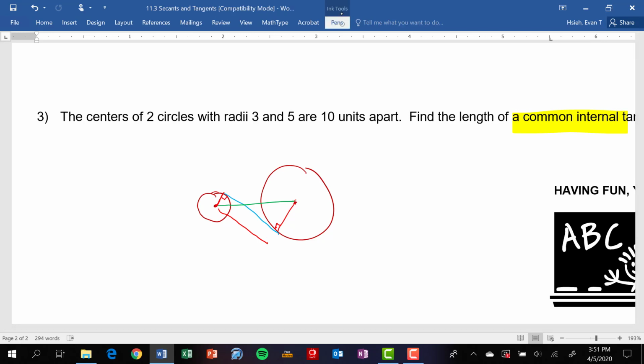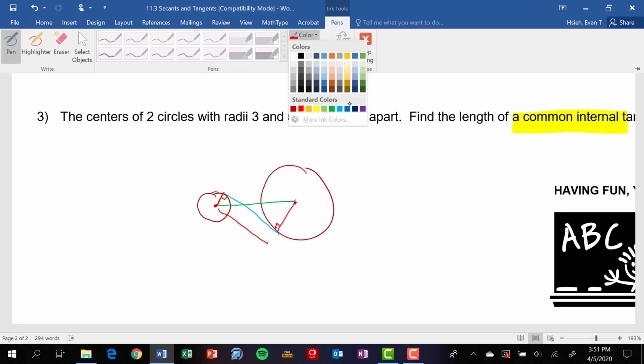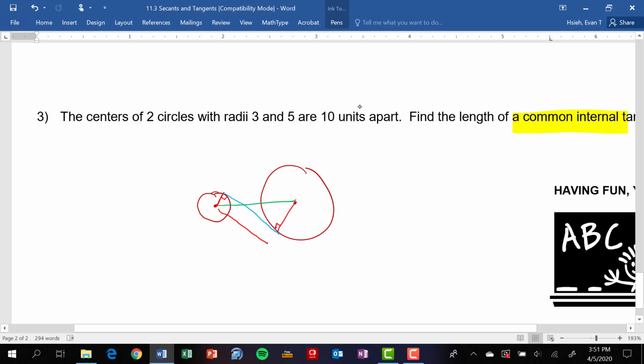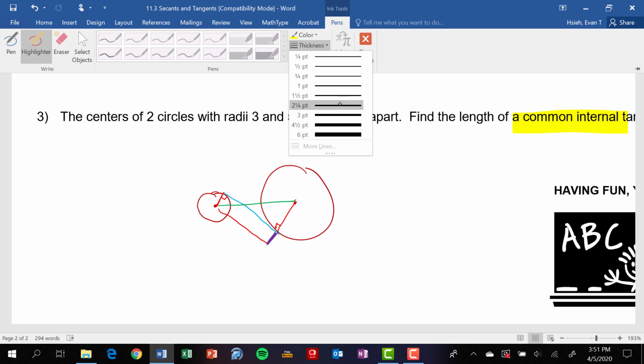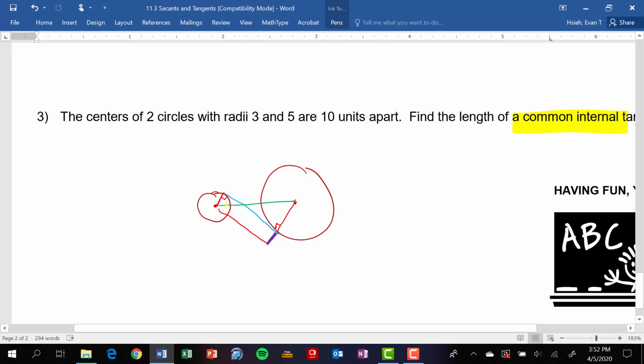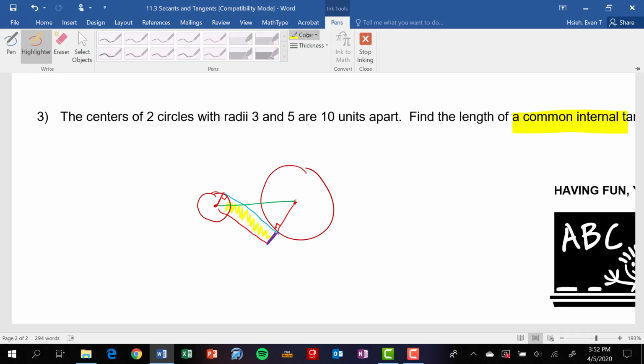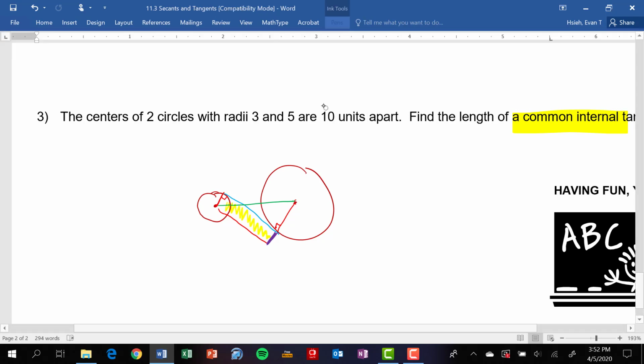And then this is the one step you have to kind of add in for these internal tangent problems. I'm just going to go ahead and connect this here. And hopefully you can see that. What that does is I am creating a rectangle, and I am creating a right triangle right there.